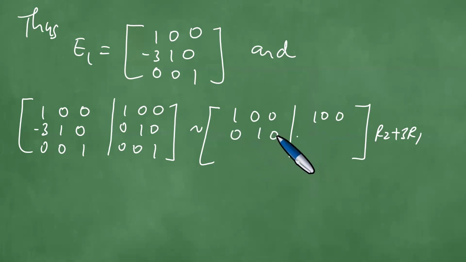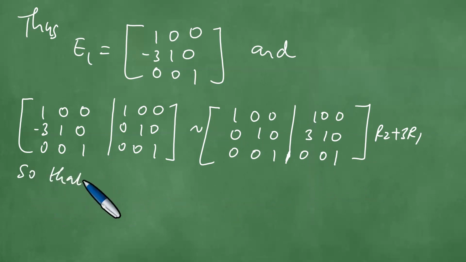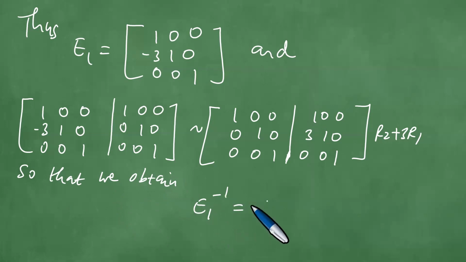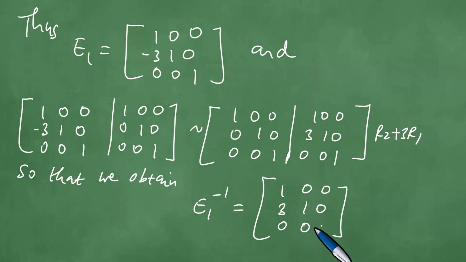Then we have 0, 1, 0, 3, 1, 0, 0, 0, 1, 0, 0, 1, like this. Right, so we therefore would have obtained, and we are able to then say, this is the case, so that we obtain a new matrix called E1 inverse, which is 1, 0, 0, 3, 1, 0, 0, 0, 1.